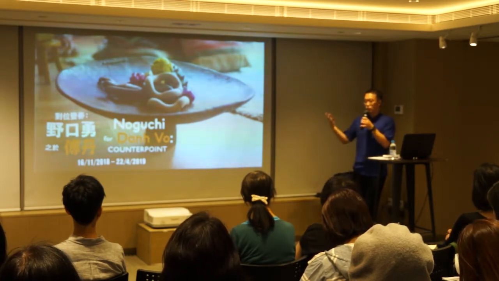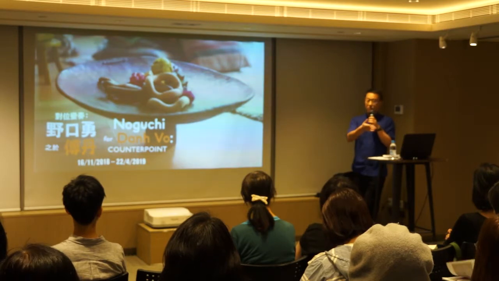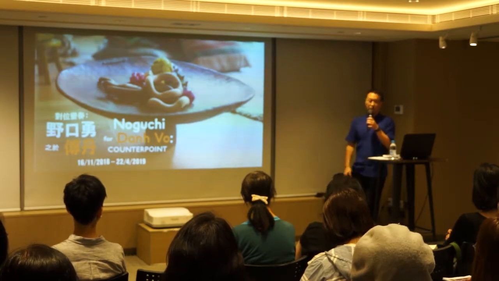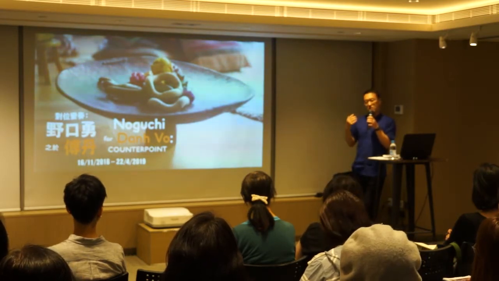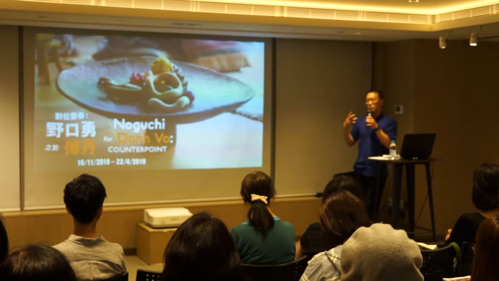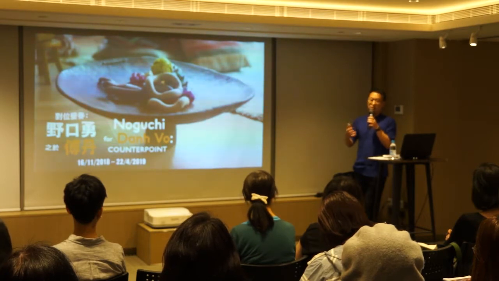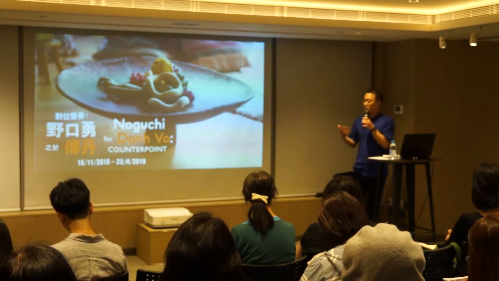I really see Noguchi, as I just mentioned, as one of the major artists of 20th century modern art, but really compared to many of his contemporaries, someone who really embodied the ideal of internationalism. Modern art as a language that transcends national boundaries and cultural boundaries as well.